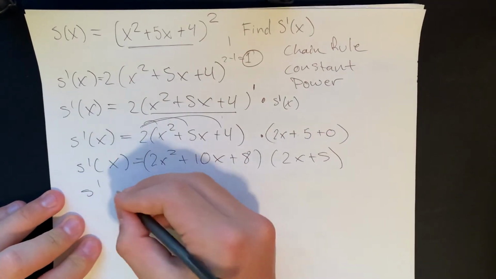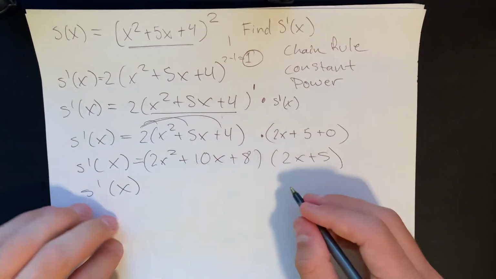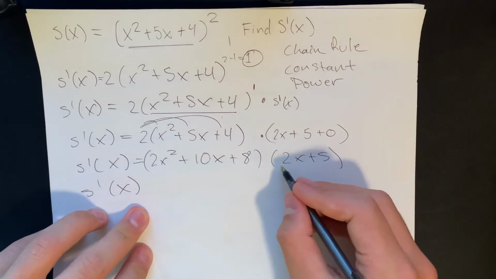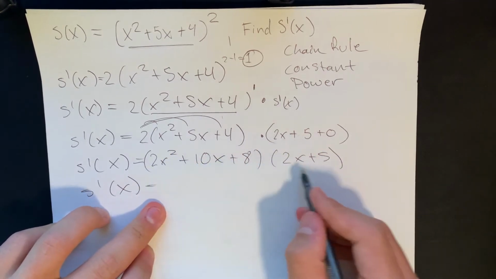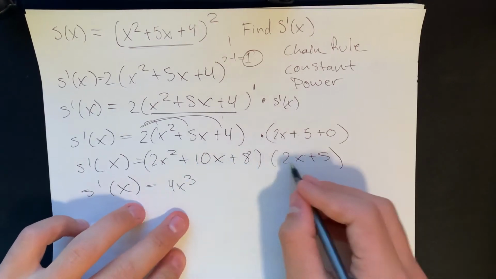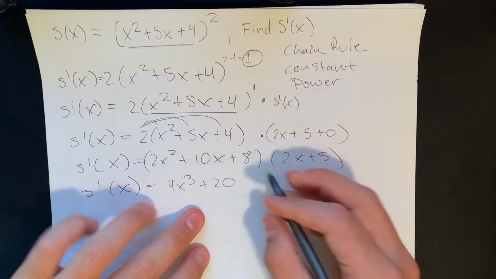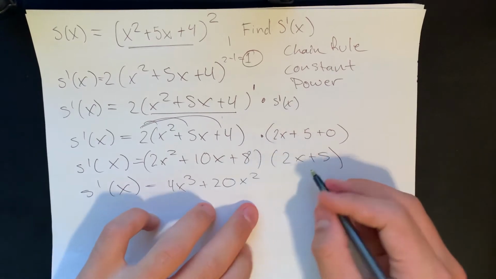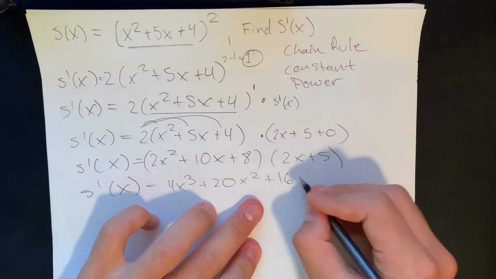If you go one more time, it'll be 4x cubed plus 20x squared plus 16x.